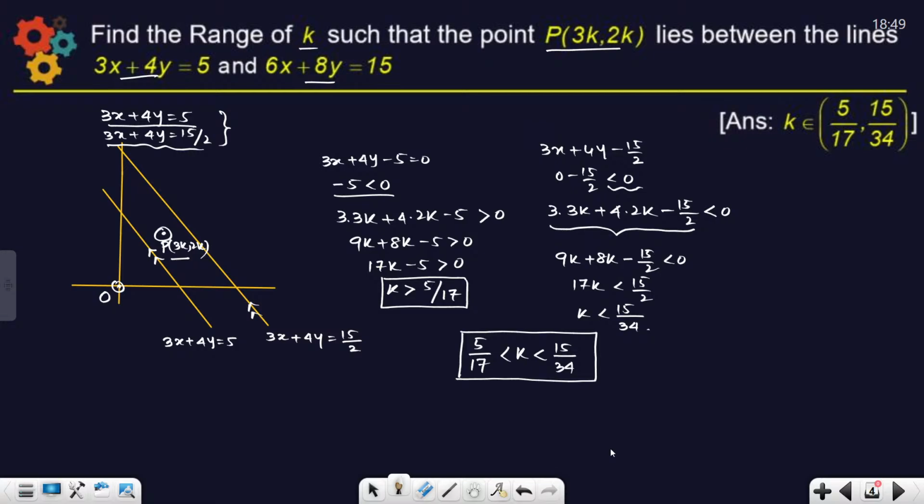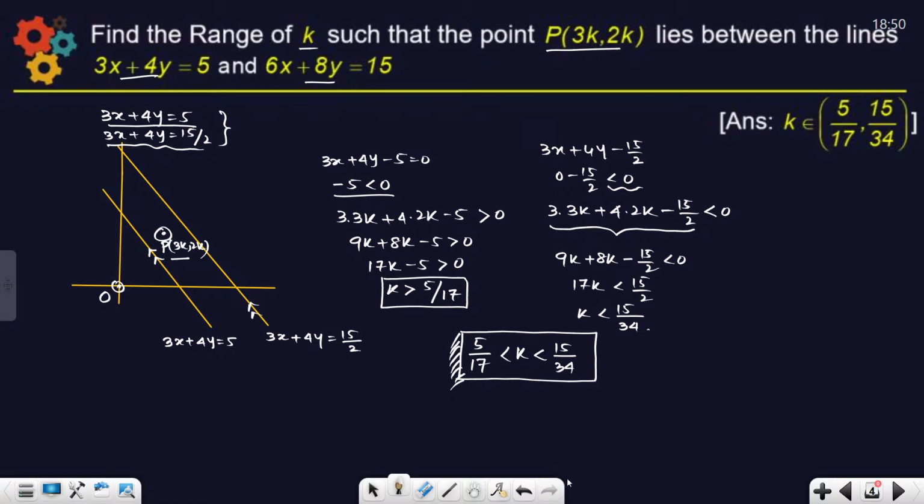The side which contains the origin or the side which is opposite to the side which contains the origin. That's exactly what I have done here. Right? So combining these two, we get the answer that k is lying between 5 over 17 and 15 over 34. So that is the range of k.